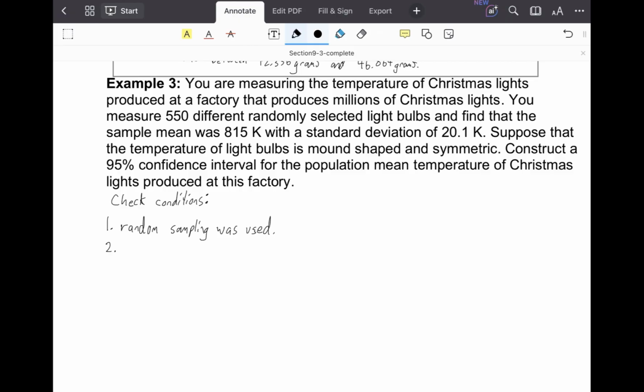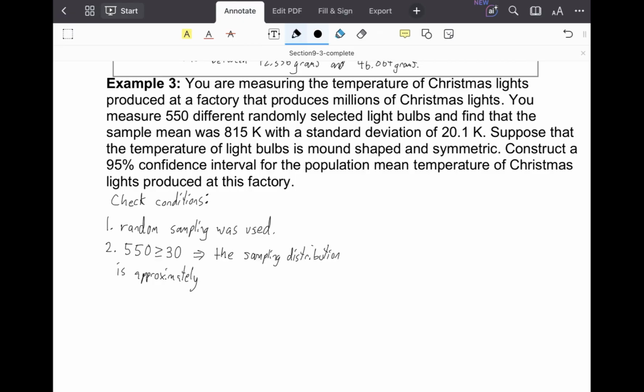Number 2, now we do have to check that the sample size is large enough. The sample size is 550, which is greater than 30. And because of this, we can say the sampling distribution is approximately normal.